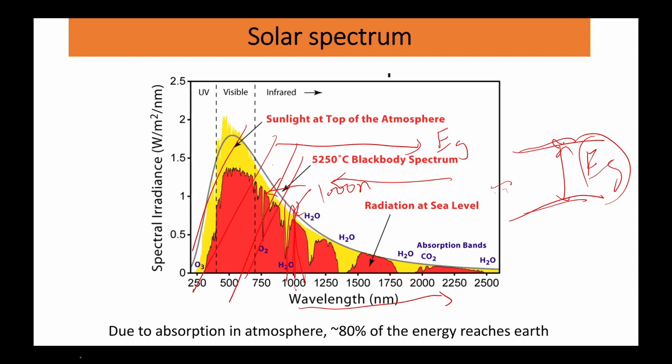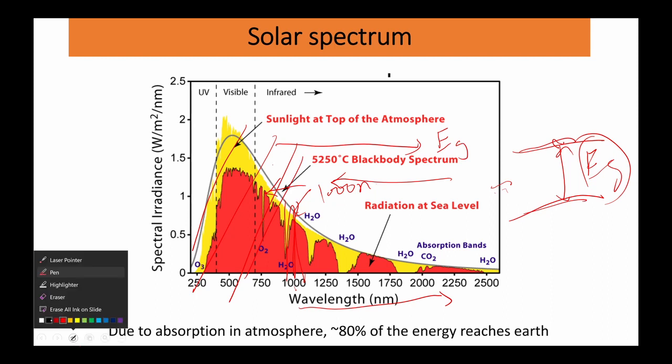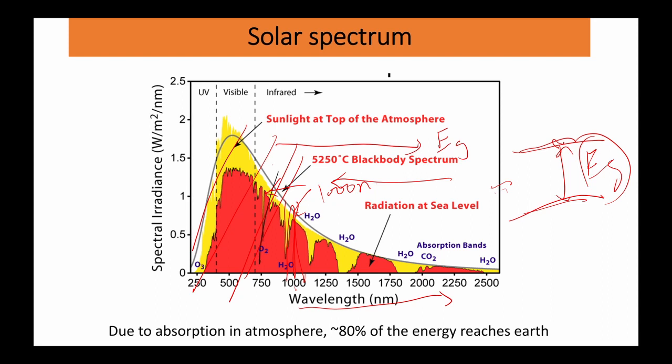okay, just a minute, I will change the color of the pen. So this part of the solar spectrum will be absorbed, which is less than 1000 nanometer, but this part will be wasted. This won't be absorbed, and which will reduce the efficiency of the solar cell, because this is the total energy that we are getting from the sun.